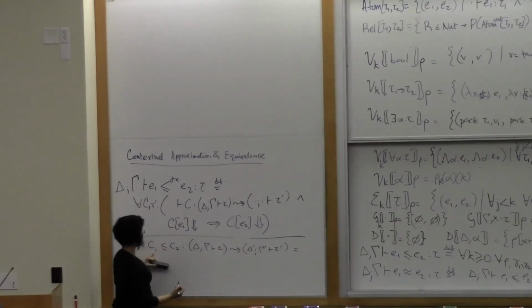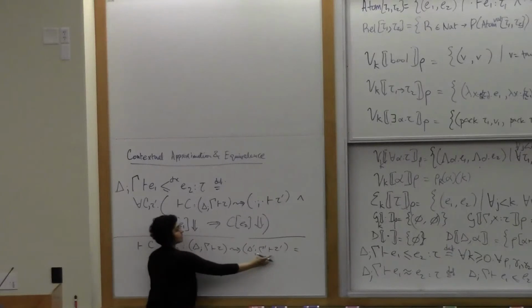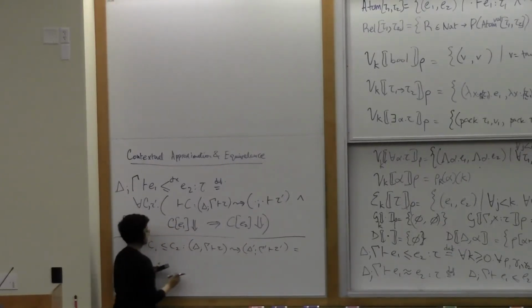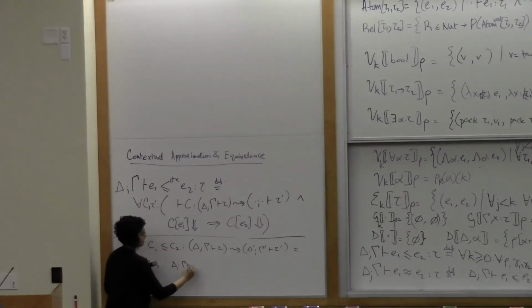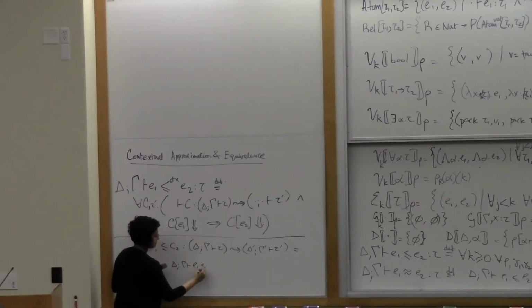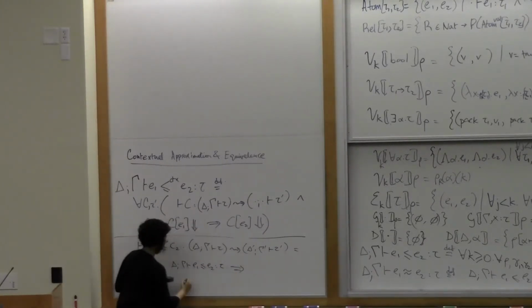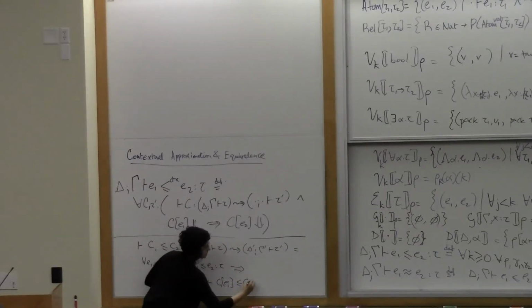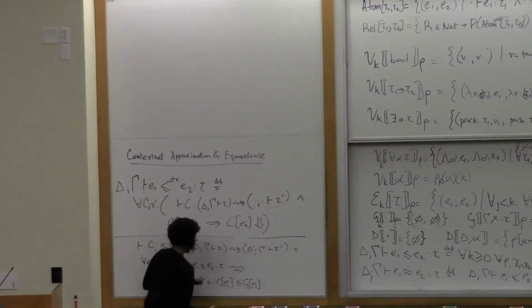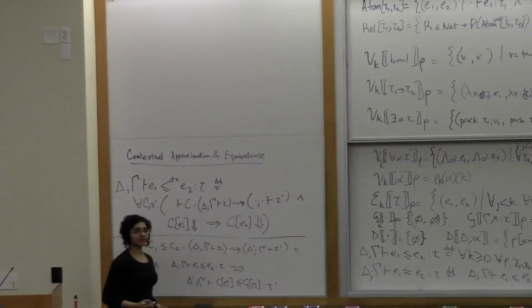So both of these contexts are well typed, they have the same hole type and same result type. And these are logically related if for all E1, E2, such that E1 and E2 are logically related at the appropriate hole type, then under delta prime, gamma prime, once you plug E1 into one context and E2 into the other, you get related expressions.